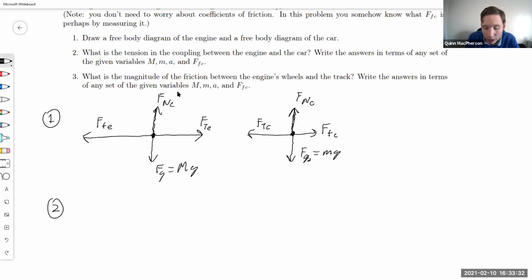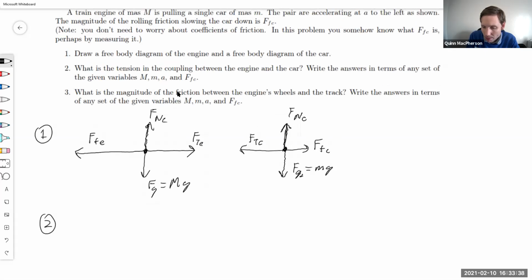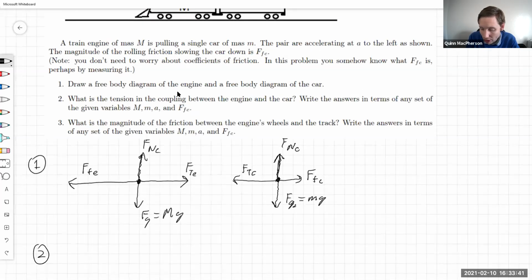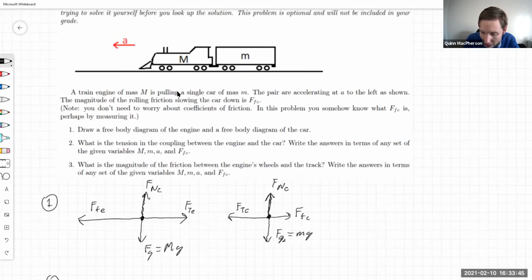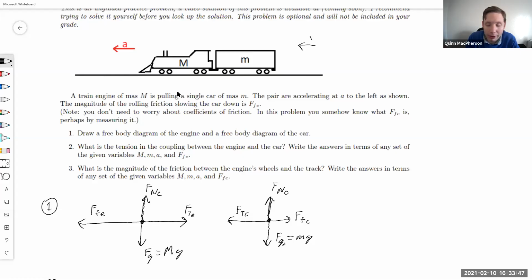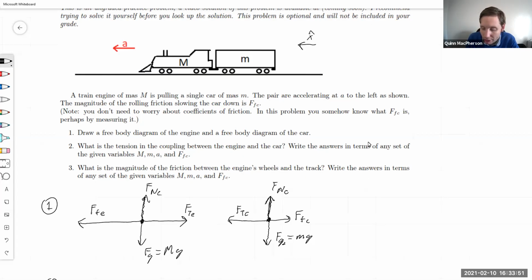Okay, so I'm going to look at the free body diagram of the car, and I'm going to do the sum of the forces in the x direction. If I'm going to do the sum of the forces in the x direction, I have to specify what the x direction is. I can call left the x direction if I like. Okay. Sum of forces in the x direction.